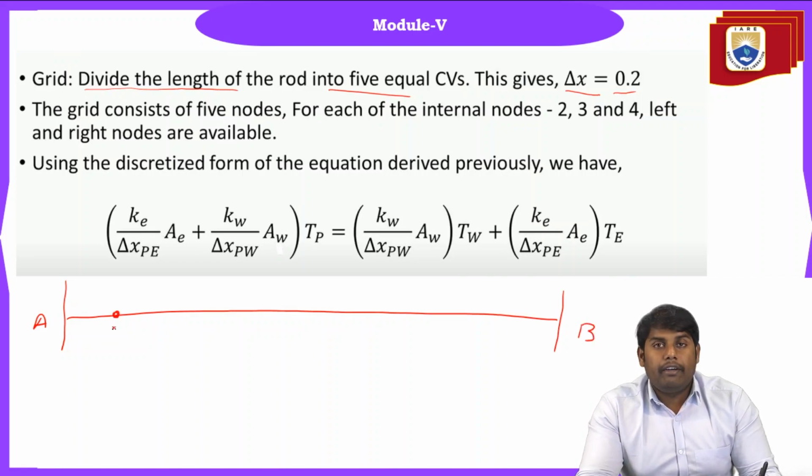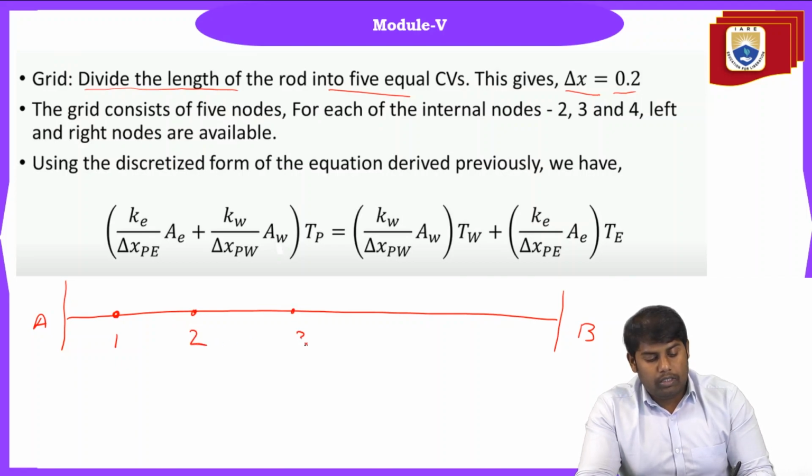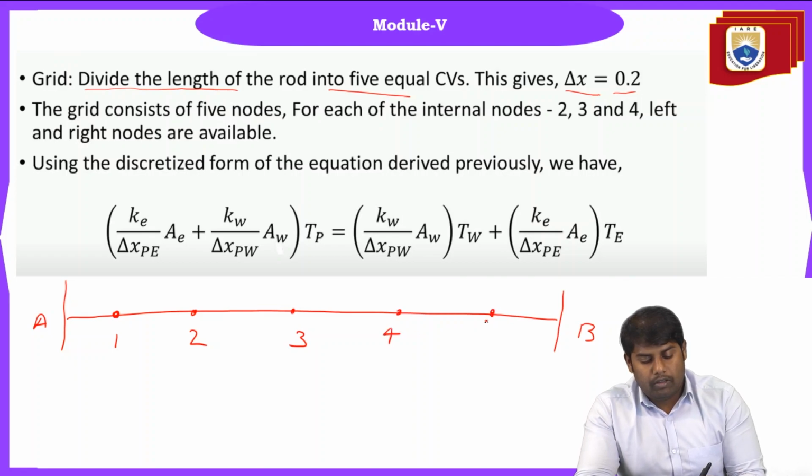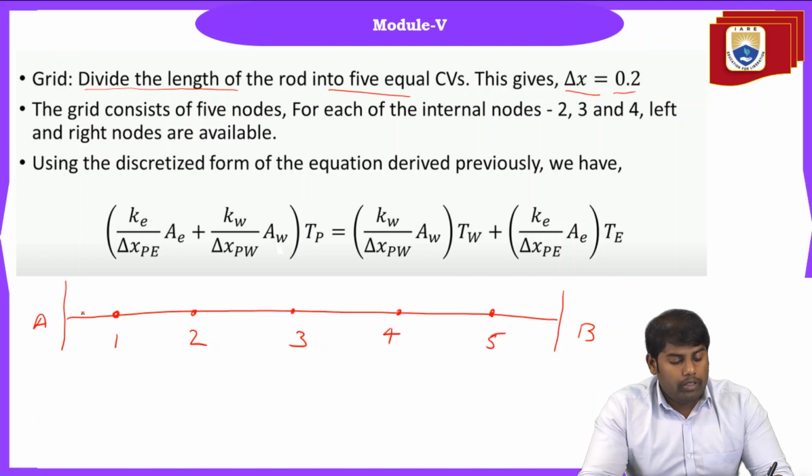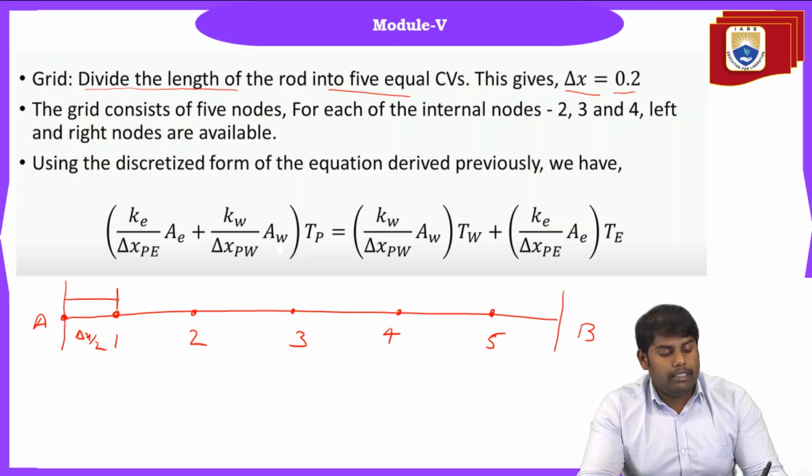So this is point 1, 2, 3, 4, 5. So between A and 1, the spacing, let us take this as delta x by 2. So here this is the spacing which I am talking about. Now in between these two, we will take it as delta x.